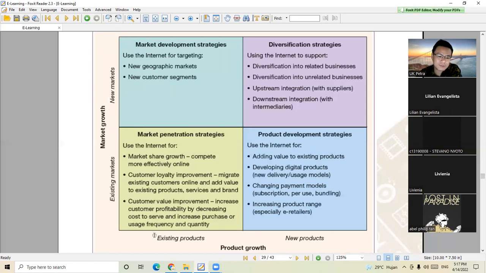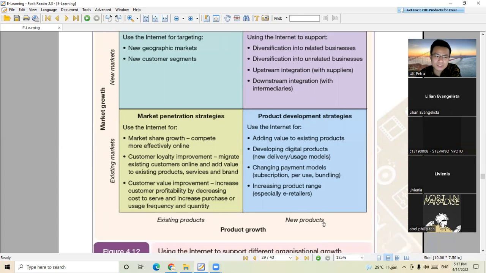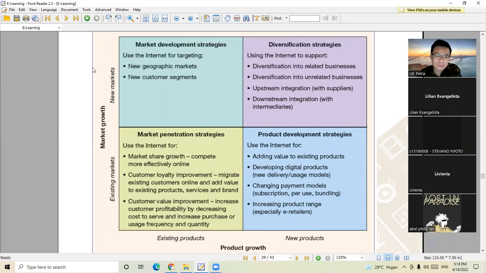If we want to focus on the existing products and sell them into the existing markets, we can use these market penetration strategies. Or if we are building new products and we want to sell them into new markets, for instance, in different geographic regions outside of Java, we can use the diversification strategies.